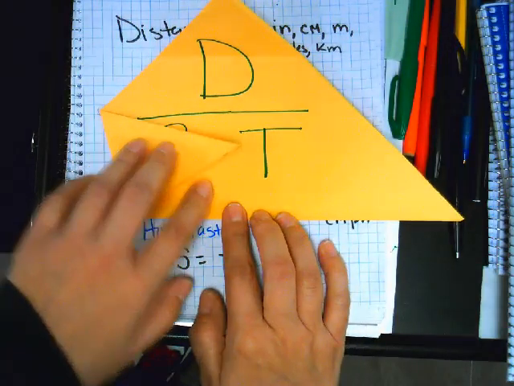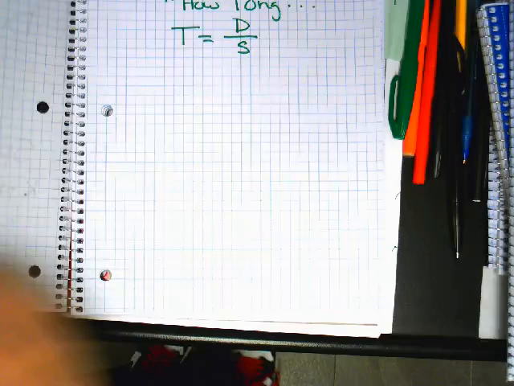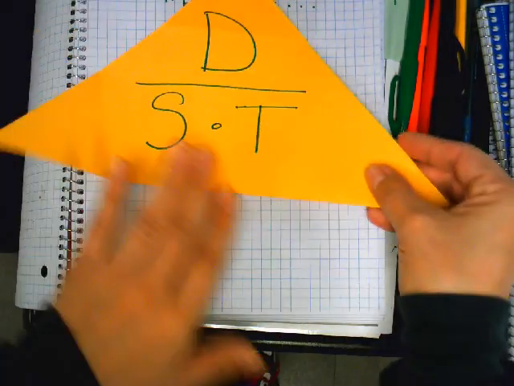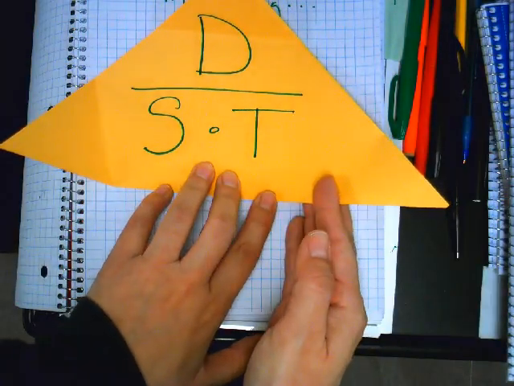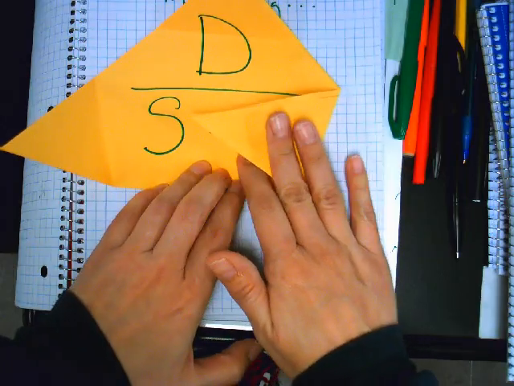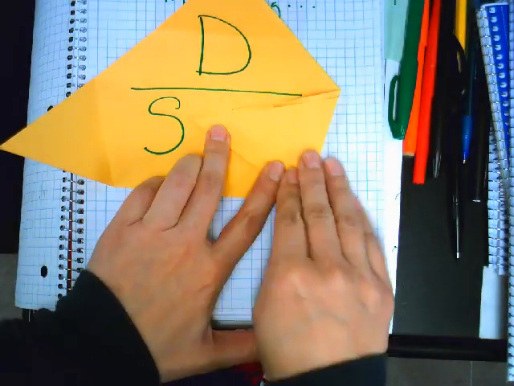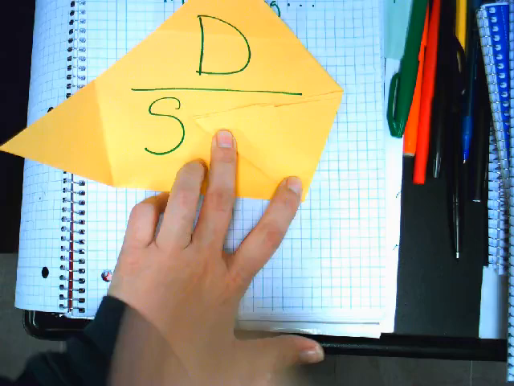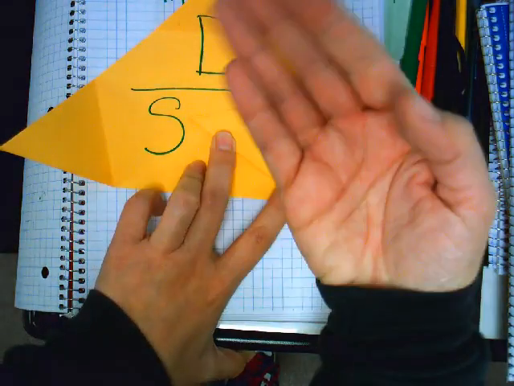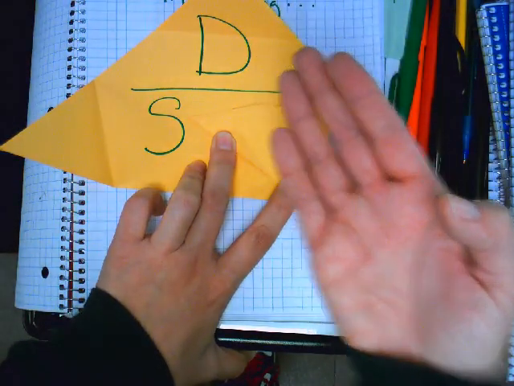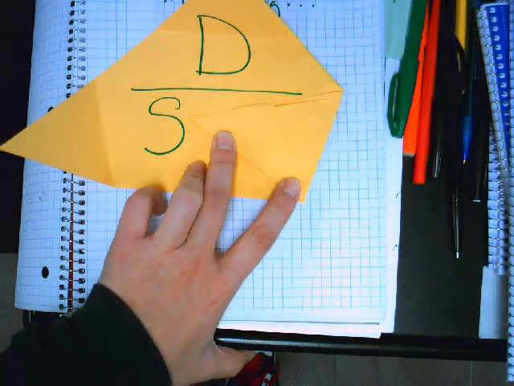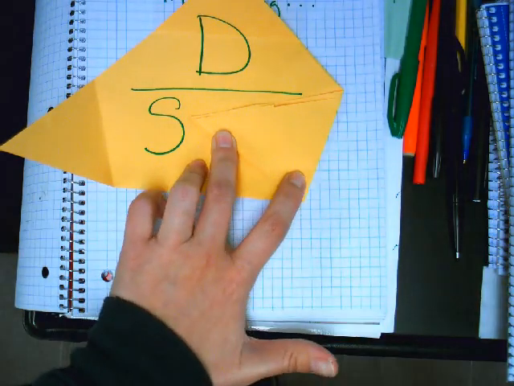Now, the last one is time. Take my last corner. What letter do I cover up? The T. What math do I have to do? Distance divided by speed. Does the order matter? Yes.